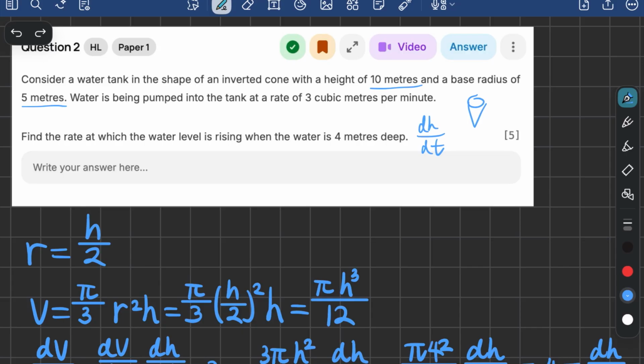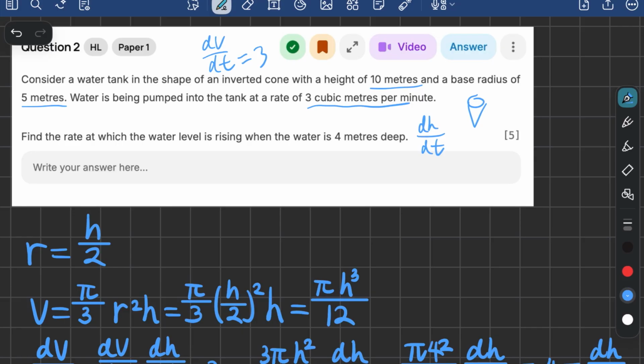And another piece of information is that the water is being pumped into the tank at a rate of 3 cubic meters per minute. So that means dv dt, which is the rate of the volume increasing, equals 3. And that will help us set up another big and important equation to solve.